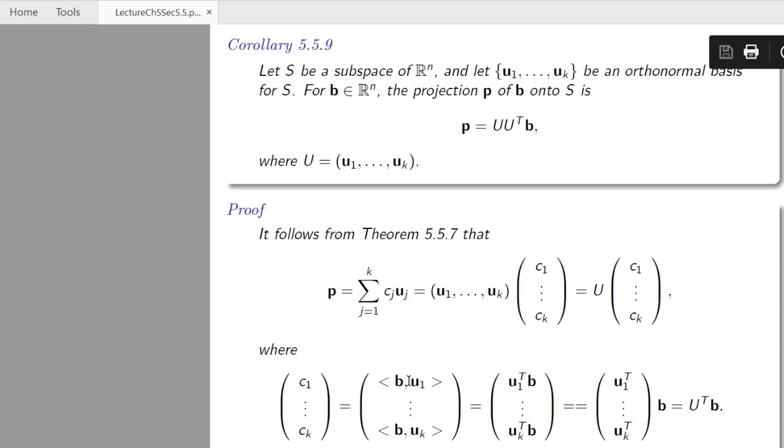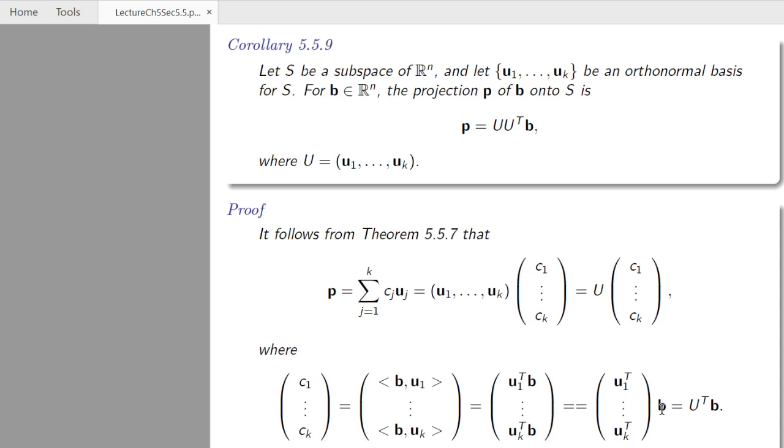So this is the inner product, or the scalar product, between b and u1. We write it down like this. The reason why we write it down like this is that each entry here shares the same vector b, so we move this b out.